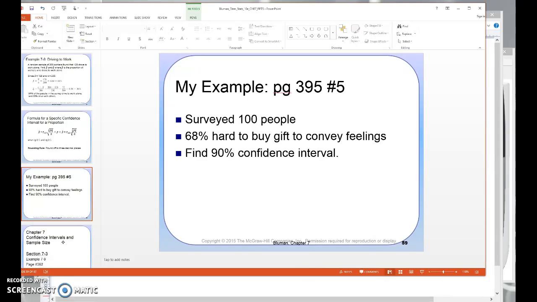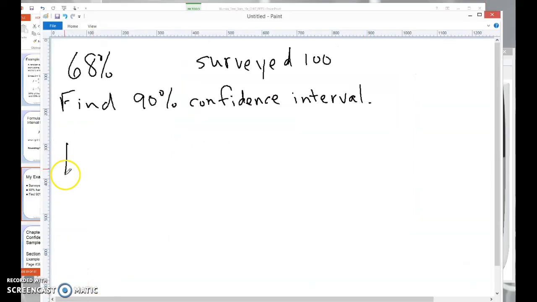A survey of 100 people found that 68% said it was hard to buy a gift to convey feelings. What we want to do now is find the 90% confidence interval. I'm going to assign P hat as that 68% of people having a hard time buying a gift to represent their feelings.